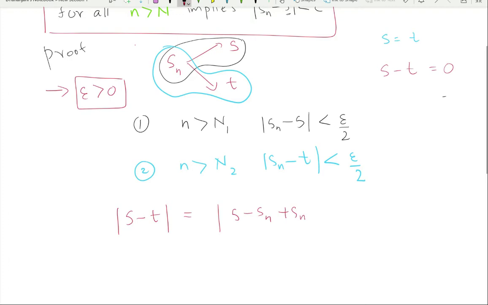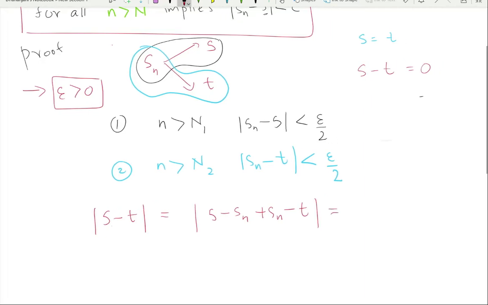So in the middle here, I input this artificial couple of terms. Well, minus Sn plus Sn is gone, so actually this is still S minus T. You can add and subtract anything, it doesn't harm anything. But it helps us to visualize this scenario better.